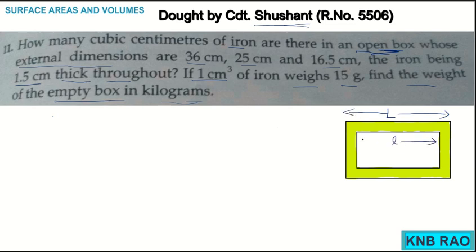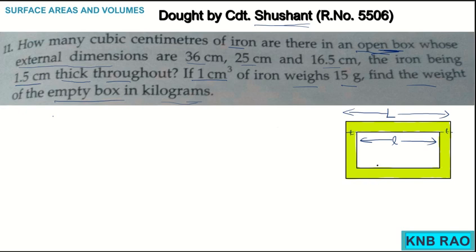What is the relation between external length and internal length? External length is obtained when I add thickness twice to the internal length, correct? So this relation is there not only for length, but also for breadth and height.